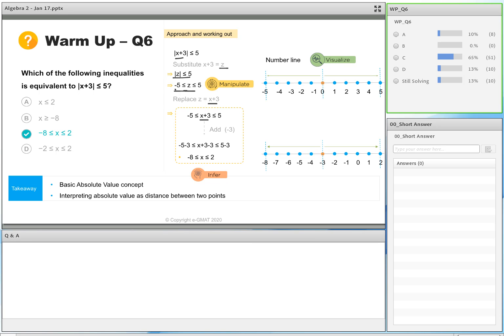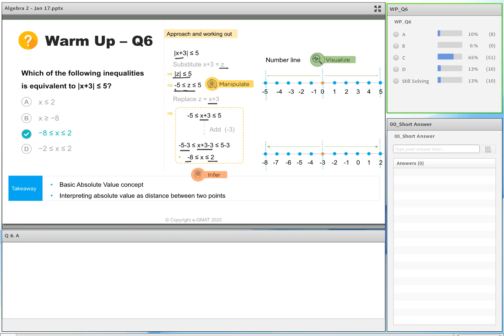So we have -5 minus 3, which is -8, to the left, and 5 minus 3, which is 2, to the right. So the value of x lies between -8 and 2, right?